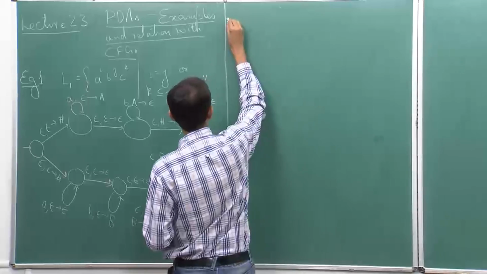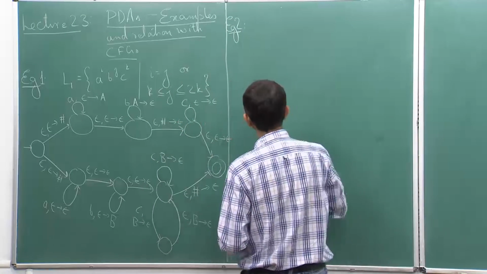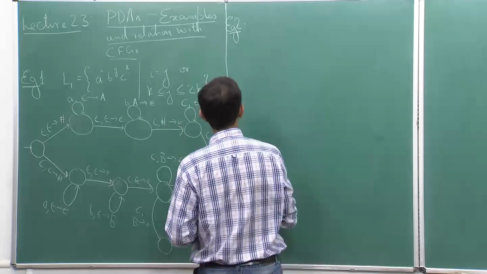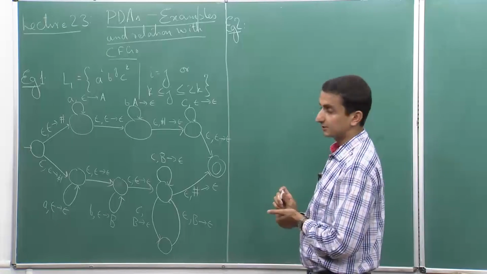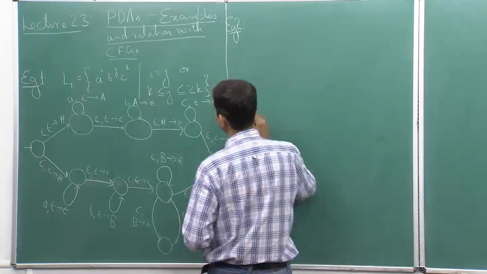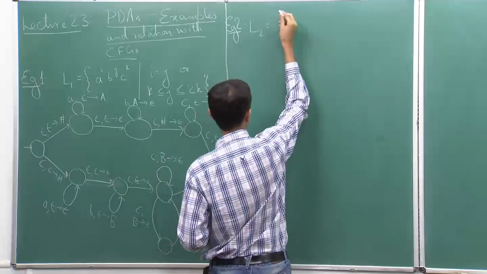So, let us look at our second example. So, recall the definition of reverse of a string. Okay. So, we have this language L2, which is also sometimes called the palindrome.